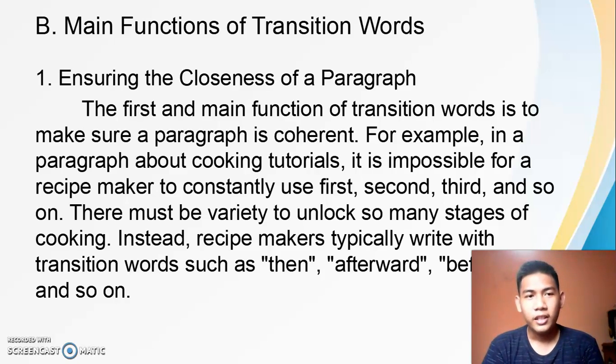For example, in a paragraph about cooking tutorials, it's possible for a chef to constantly use first, second, third, and so on. There must be variety to unlock so many stages of cooking. Instead, the chef typically writes with transition words such as then, afterward, before then, and so on.